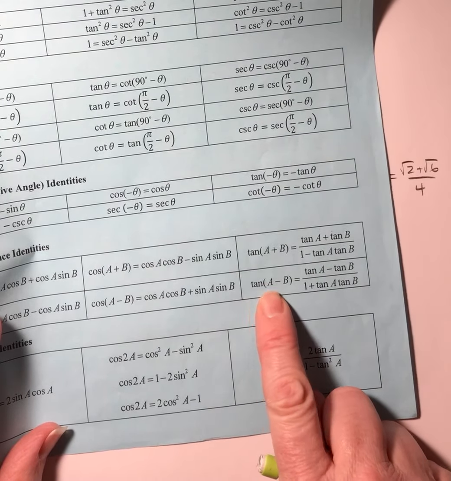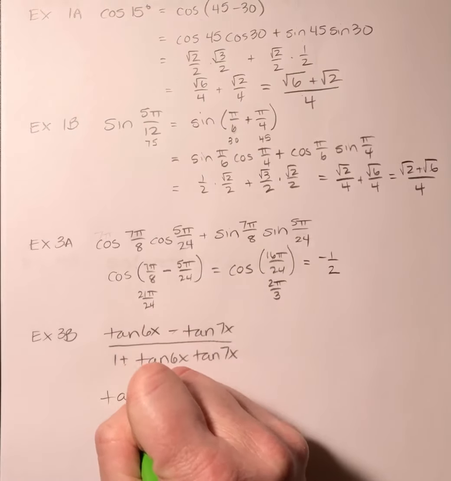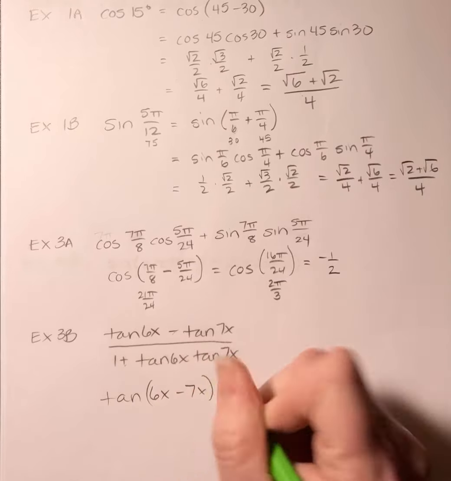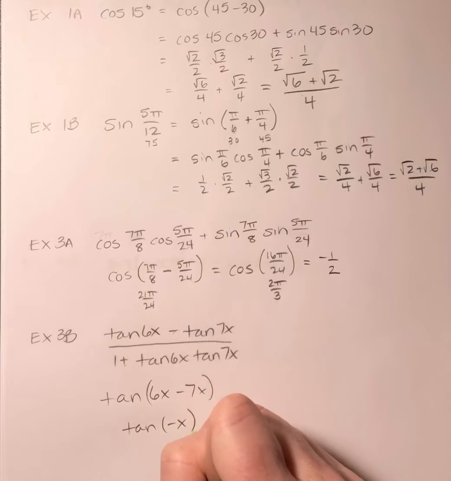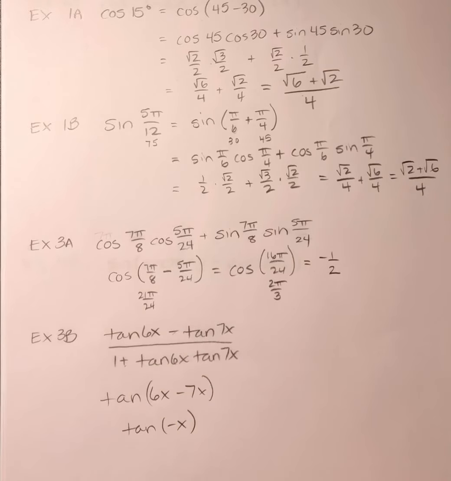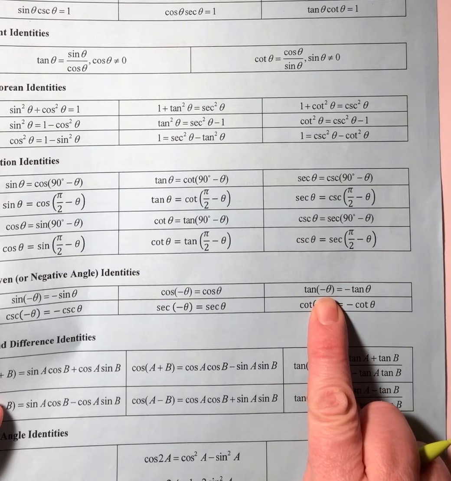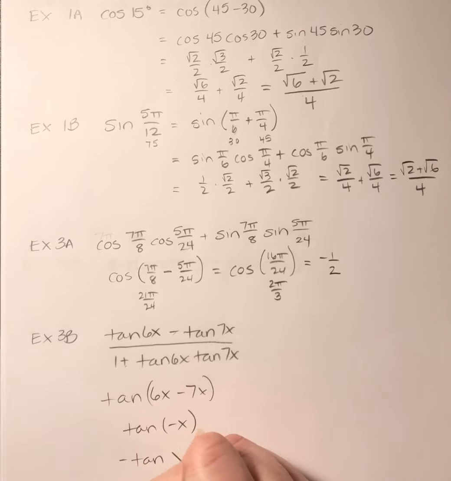So I'm going to have the tangent of 6x minus 7x. Well, 6x minus 7x is a negative 1x. But if I go back to my identity sheet, tangent of negative x is the same as the opposite of tangent of x. So my final answer is going to be negative tangent of x.